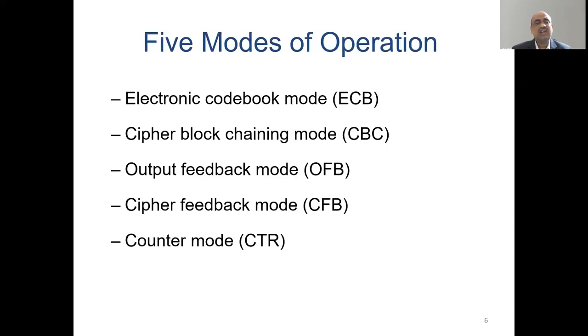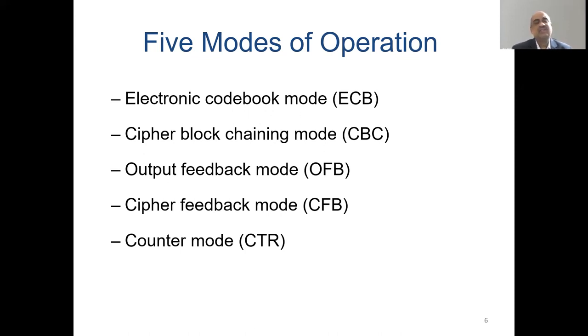There are basically five modes of operation: ECB, the electronic code book mode; CBC, the cipher block chaining mode; OFB, the output feedback mode; CFB, the cipher feedback mode; and CTR, the counter mode.